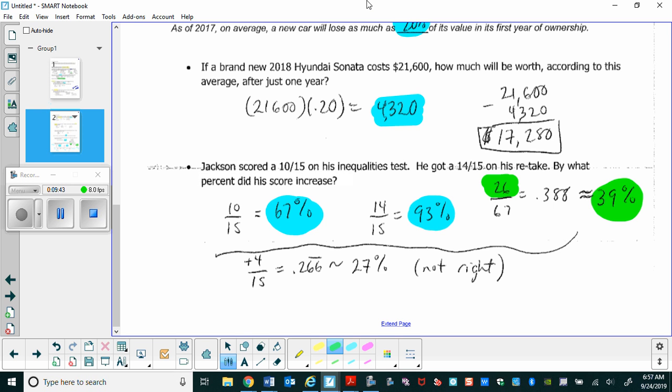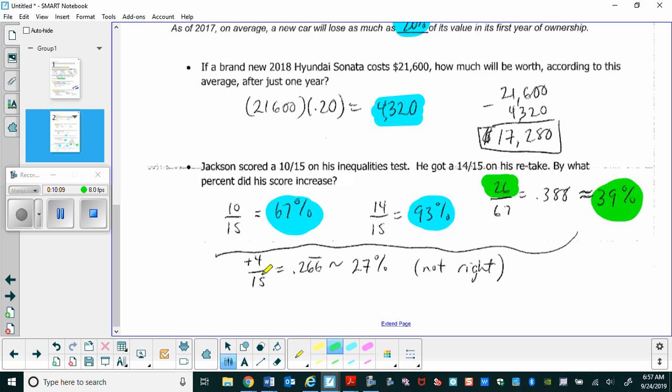All right? Now, notice that's not what you get when you take 93 and subtract 67. That's not what you're supposed to do here. You're supposed to subtract to get the difference and divide it by the original. And now we can see by what percent of his original score he came up. Now, a gut reaction for some of you might have been to say, okay, so he just increased 4 points out of 15 questions, 4 questions out of 15 questions.